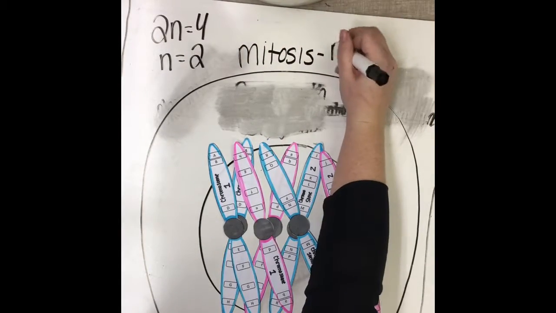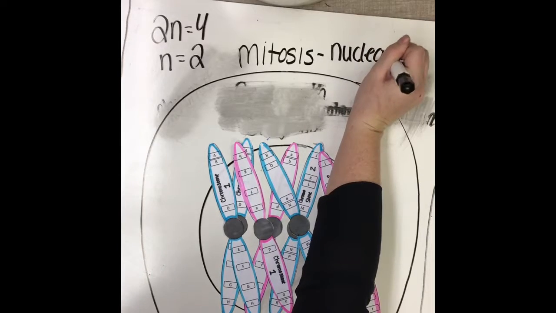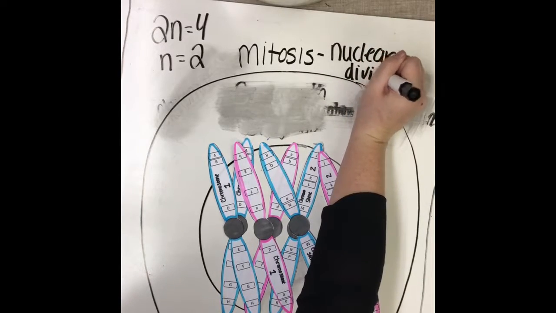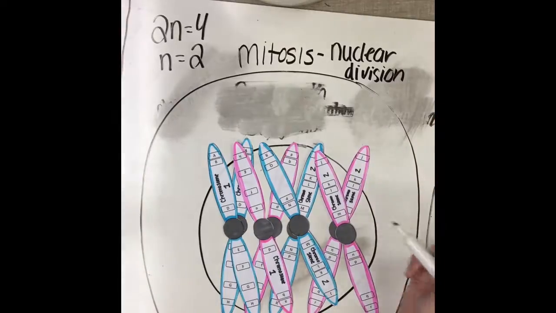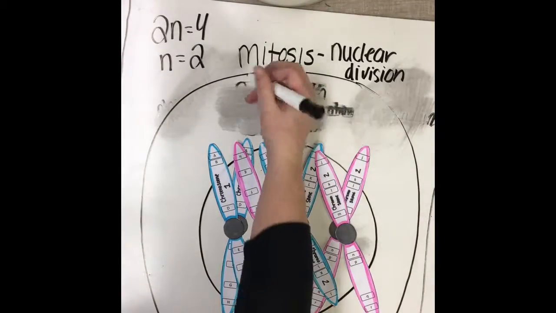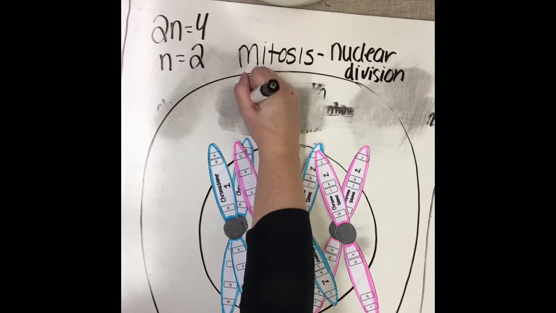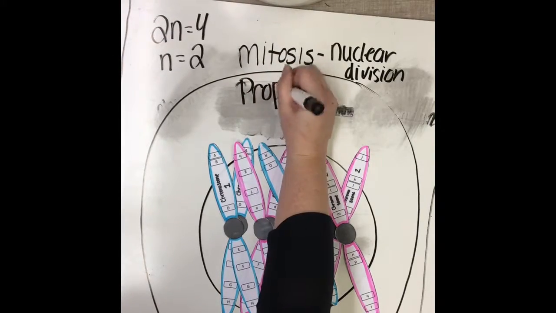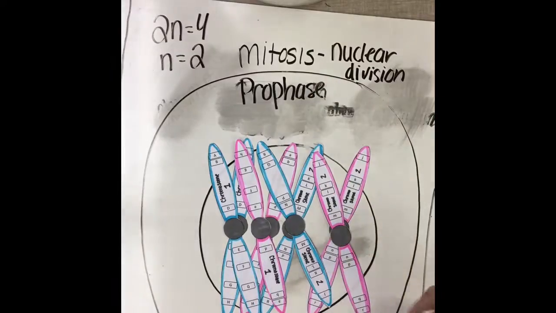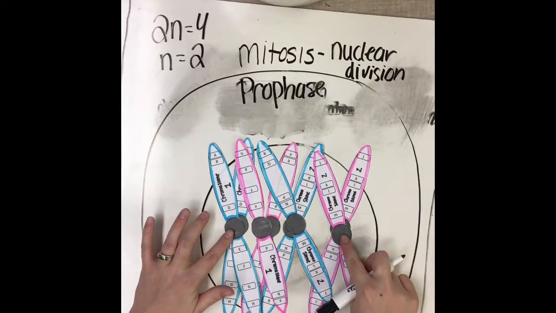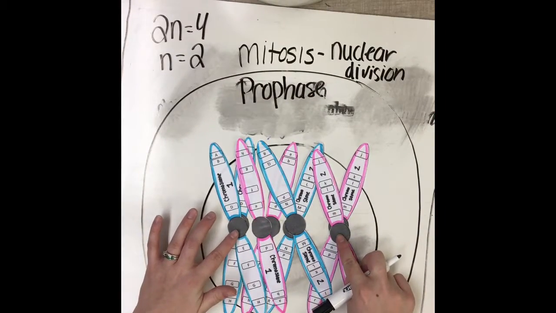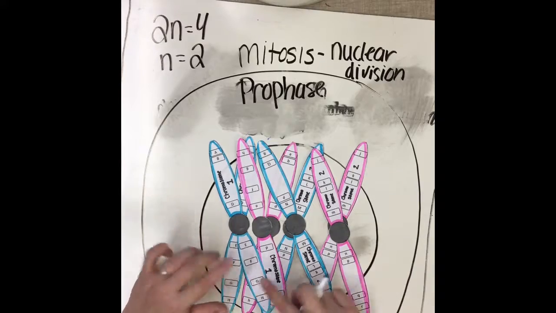And mitosis is nuclear division. So we are going to be dividing the nucleus in mitosis. The first phase of that is what we call prophase. In prophase, these replicated DNA strands are going to condense down into chromosome form.